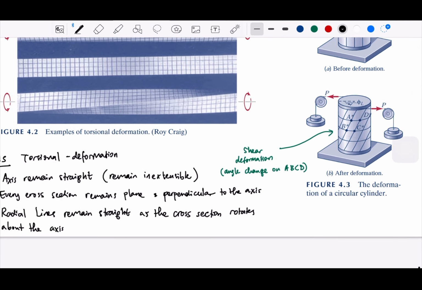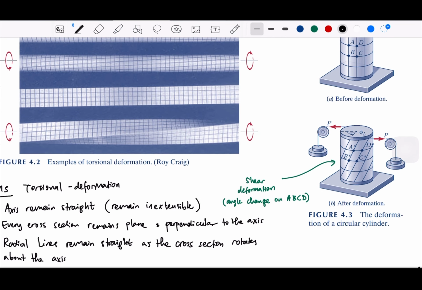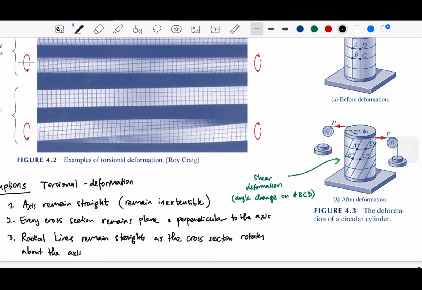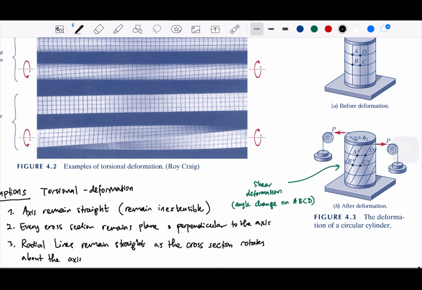Now our goal is actually, because we know from previous sections that there is shear strain, right?